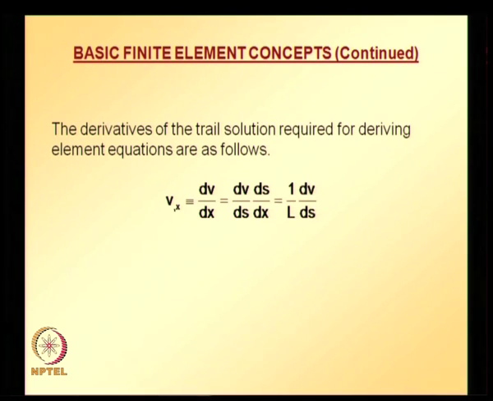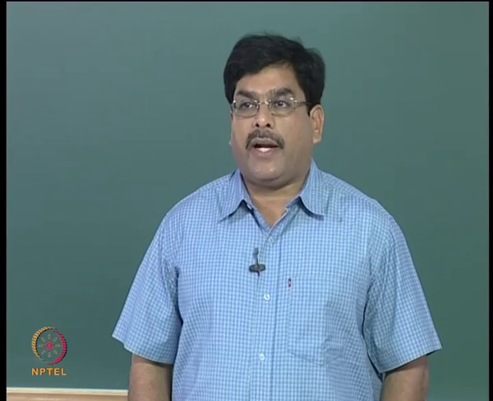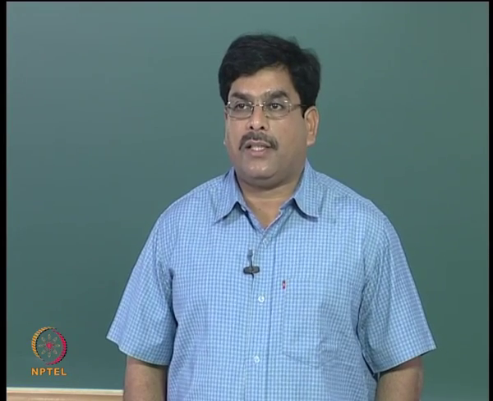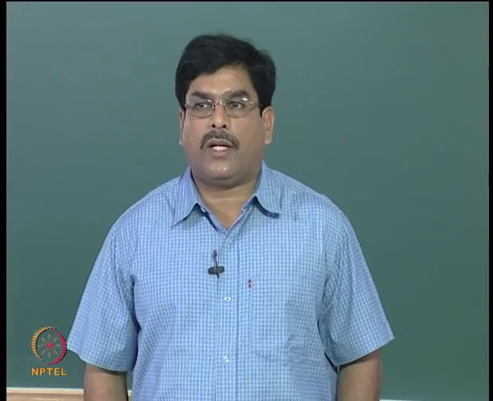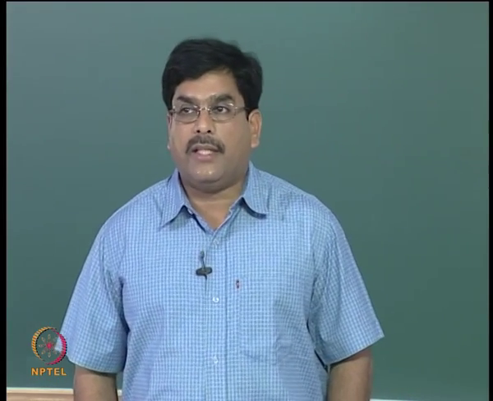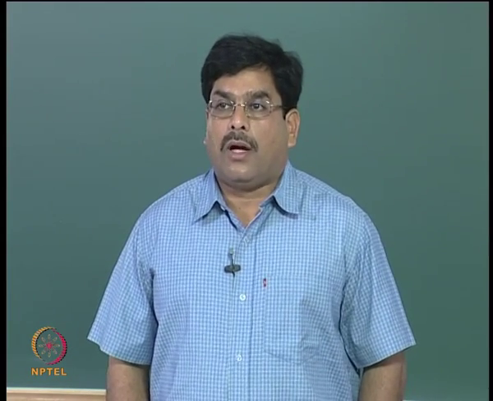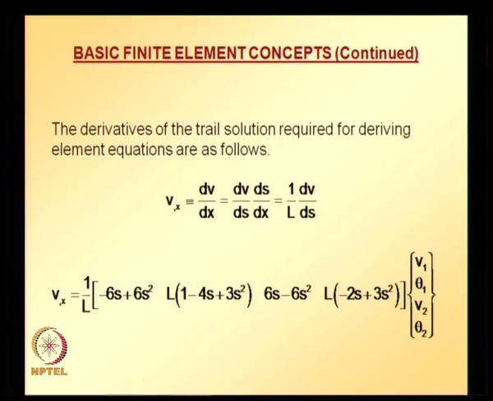Substituting what is dV ds, we get this relation. While arriving at this relation, V is equal to N transpose D is substituted, N1, N2, N3, N4 values are substituted, and D is nothing but V1 theta 1, V2 theta 2. So after making this substitution and taking the derivative with respect to S, we get this relation.